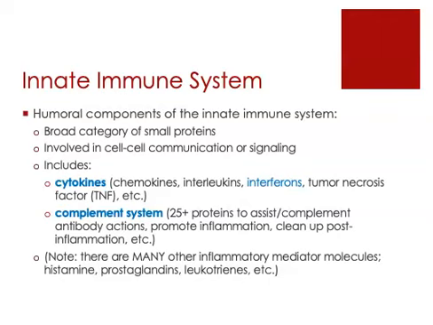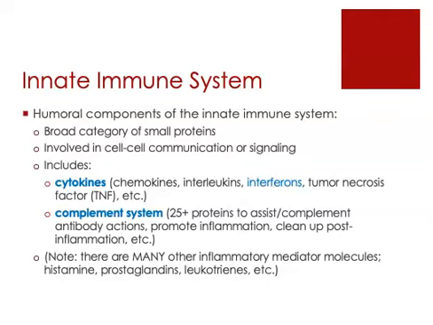Now, the complement system is also a group. It's a group of proteins, about 25 or so proteins, that actually work together as a cascade. And when I use that word cascade, I mean one protein gets activated, and then that protein activates the second protein, and the second protein activates the third protein, and so on down the 25 protein list.